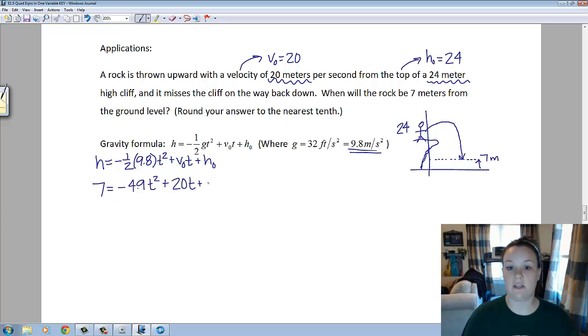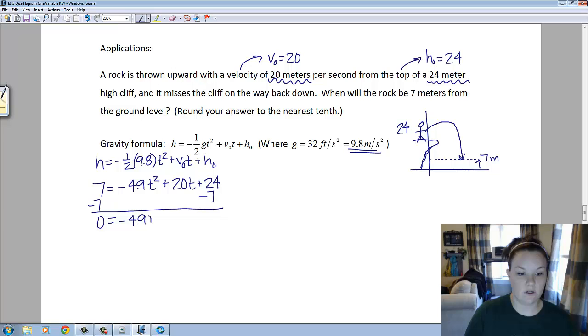In order to use it, everything needs to be in standard form, so I'm going to subtract this 7 to the other side. So I have 0 is equal to negative 4.9 t squared plus 20t plus 17. This means that my a is negative 4.9, my b is 20, and my c is 17.